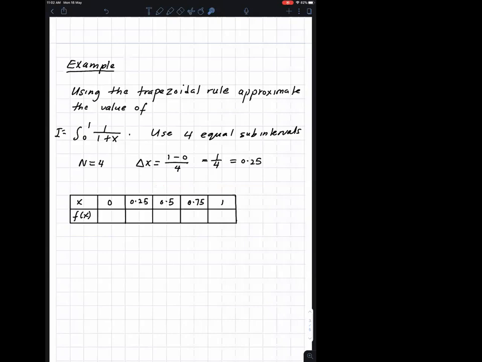So next you plug in these values into this. You plug in 0, you get 1 over 1, which is 1, then 0.8, 0.666667, 0.571429, 0.5.